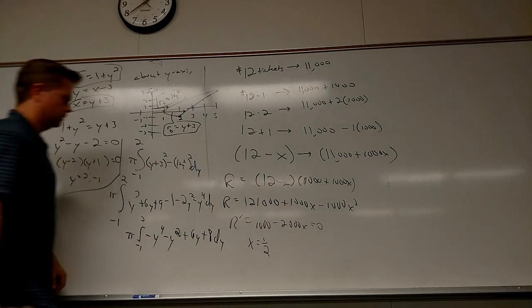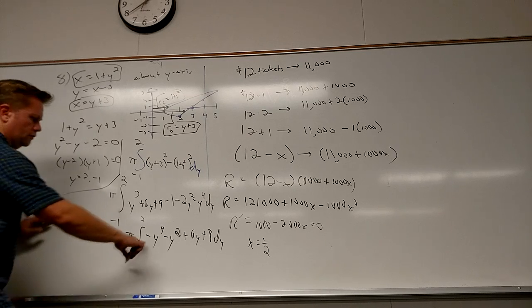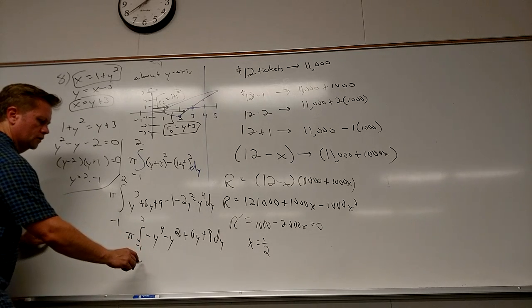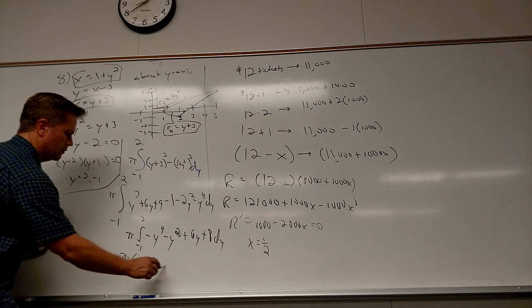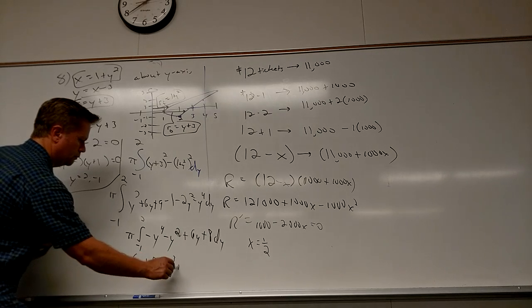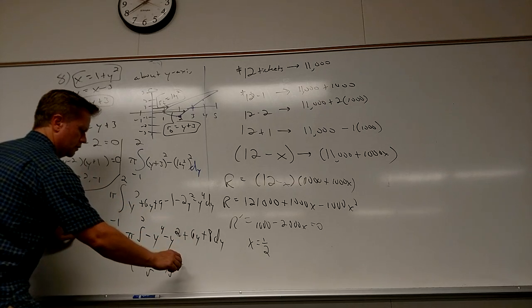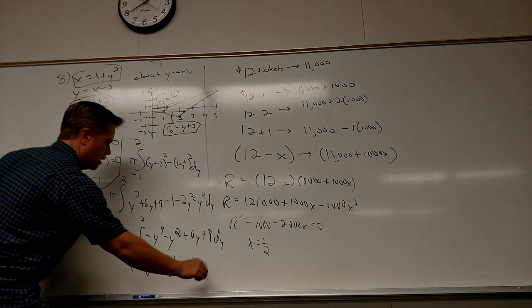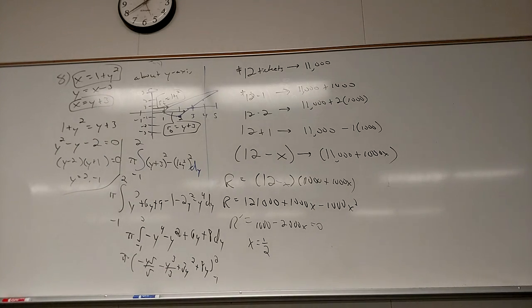Does everybody agree with that? Is the rest of that easy? I mean, what do you get when you integrate this? Yeah, negative y to the 5th over 5 minus y cubed over 3 plus 3y squared plus 8y evaluated from -1 to 2. And I just throw a 2 in there, throw a -1 in there, blah, blah, blah.